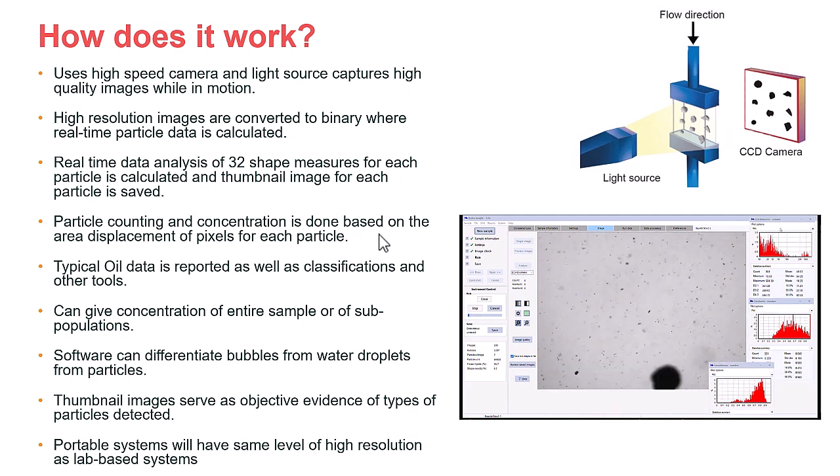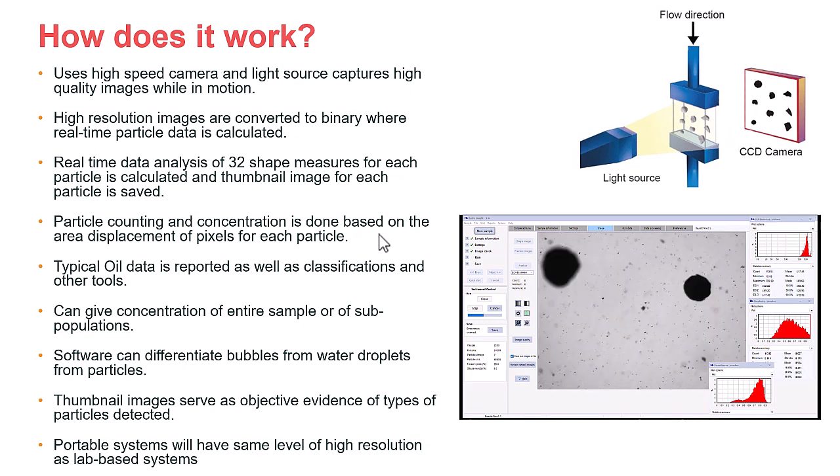Dynamic imaging is one of those techniques which is very transportable, so you do get field-based abilities. So that's how it works. Pretty simple to understand. It runs and flows, takes high resolution images, and saves thumbnails of every single particle.